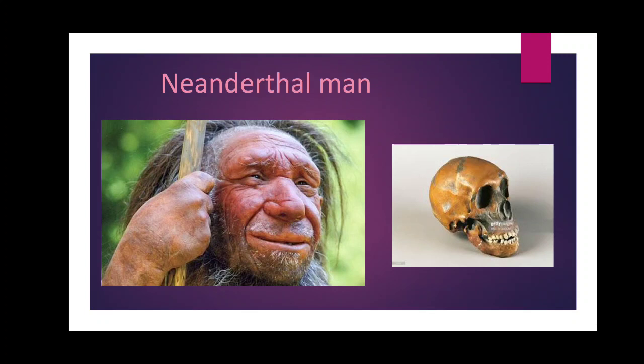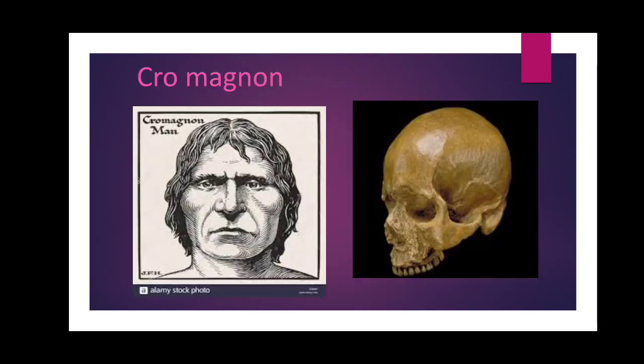The Homo sapiens is believed to have arisen from the main Neanderthal population and developed into Cro-Magnon. So these Cro-Magnon man, that is Homo sapiens, were close to the modern man, and they lived mainly in Europe and were known as Cro-Magnons. They were much more advanced than the Neanderthals, and they were 5.5 to 6 feet in height.